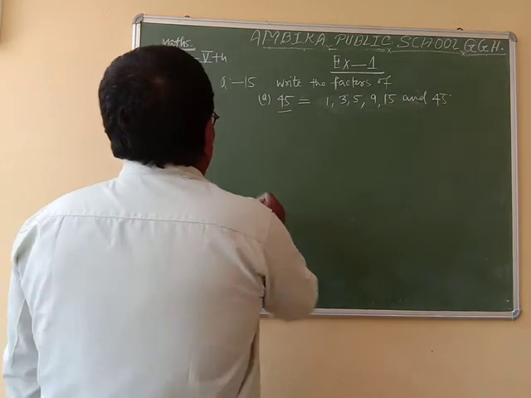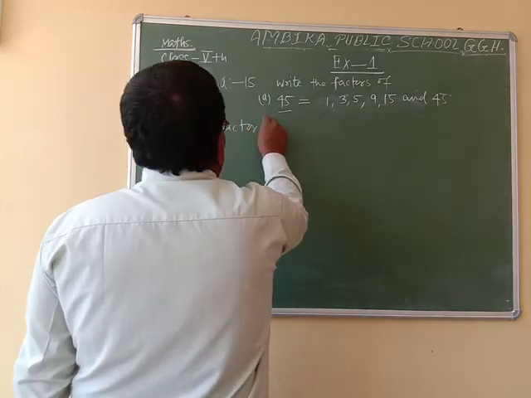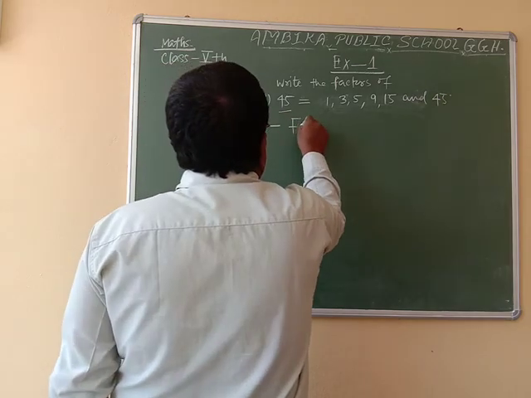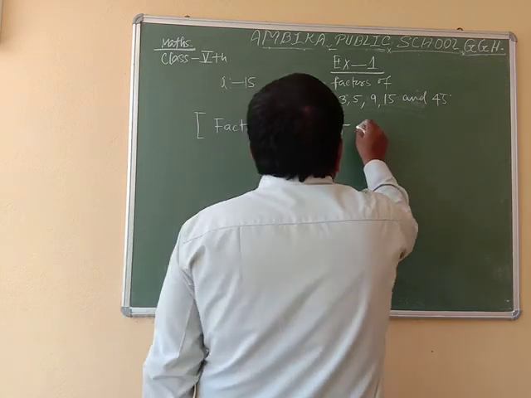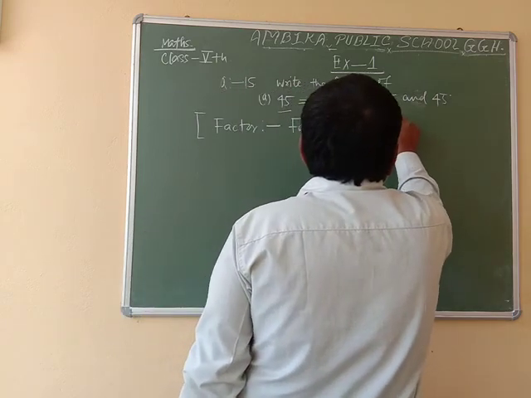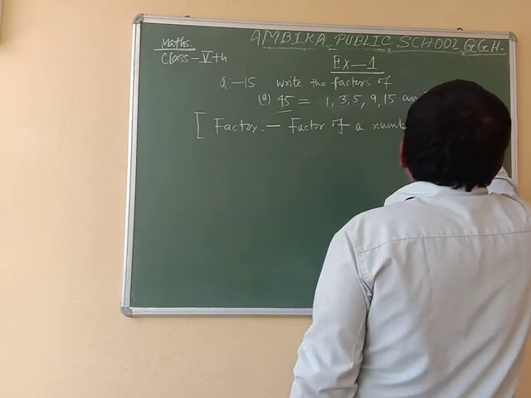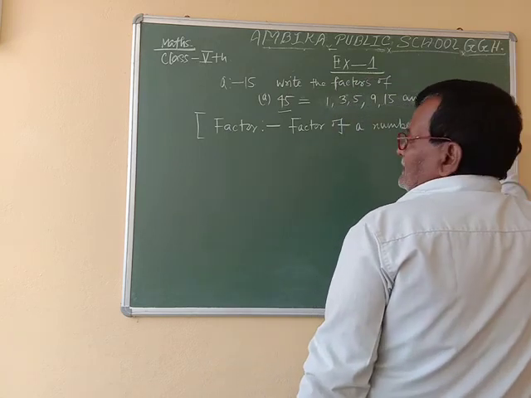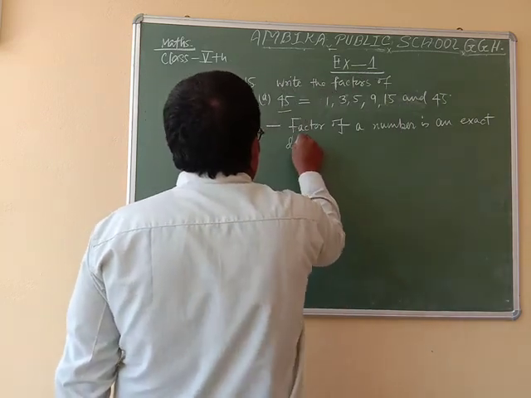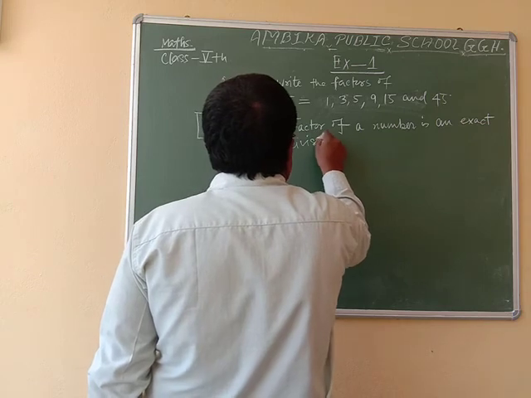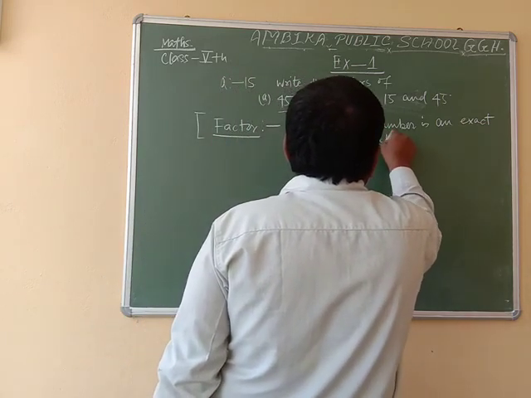A factor of a number is an exact divisor of that number.